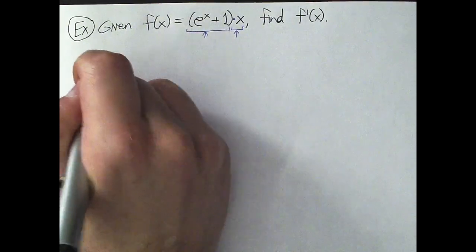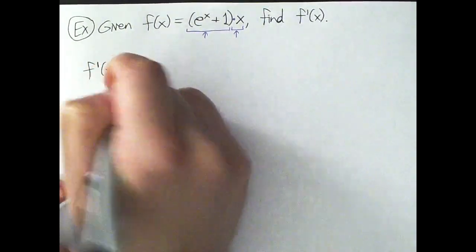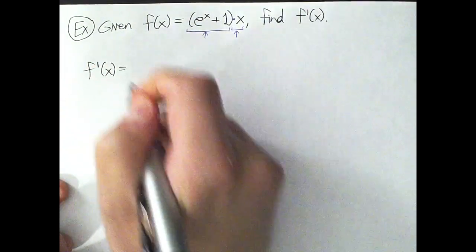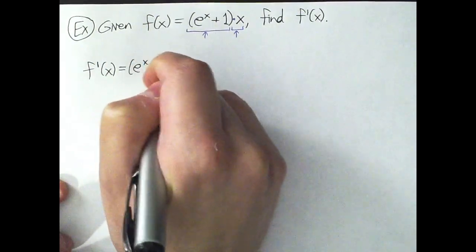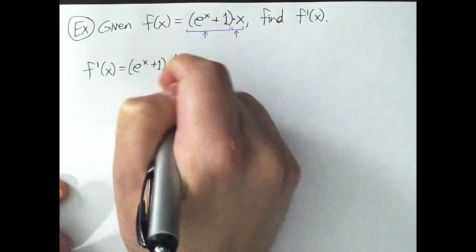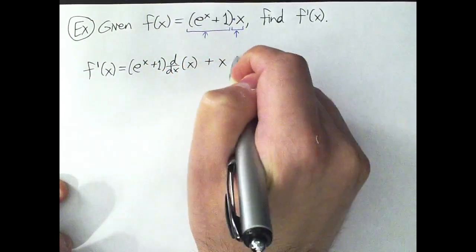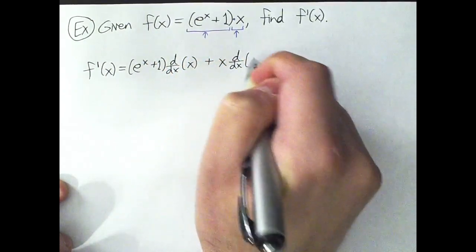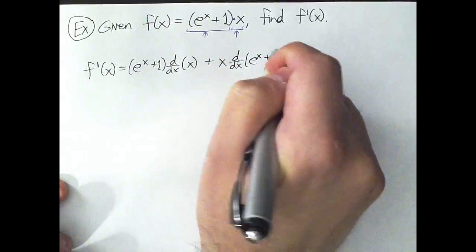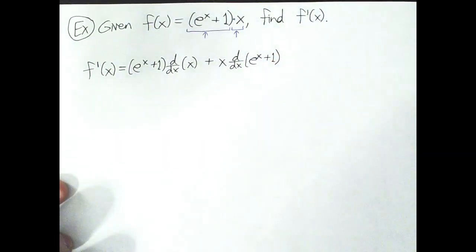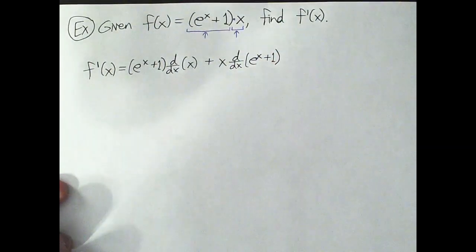And we're going to find f prime of x. The product rule says that we want to take the first function times the derivative of the second one plus the second function times the derivative of the first one. Okay.